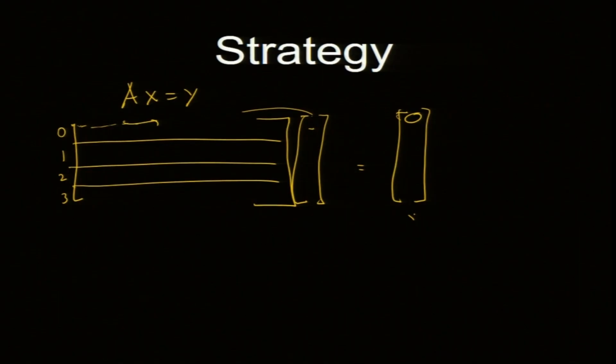I divide only A, don't divide x, that will be a problem. x is a one dimensional array, not a big deal, so basically we divide A and this part can be done simultaneously. Process 0 will compute these rows, process 1 these, 2 these, and 3 will compute this. Clear? So, that is the strategy.